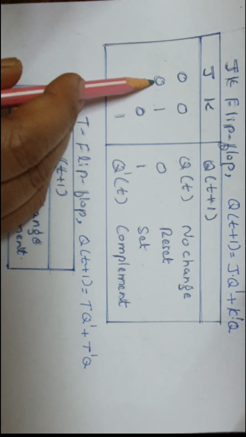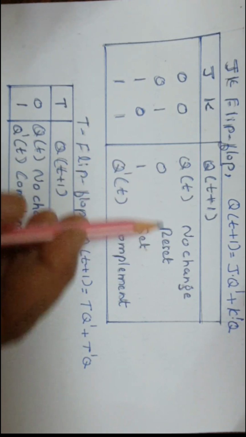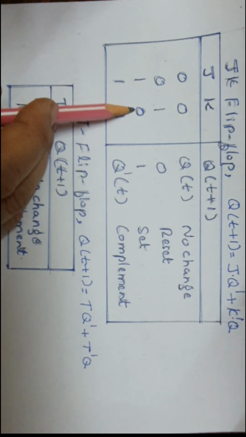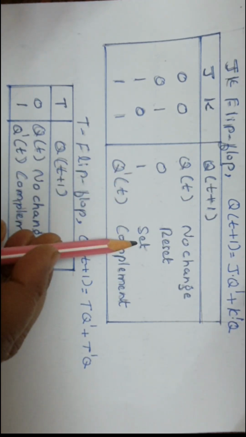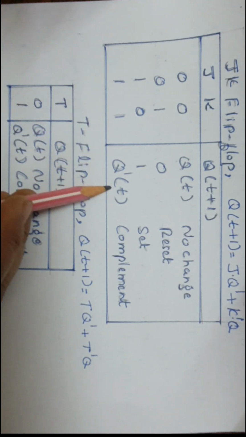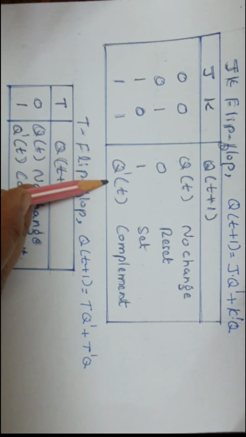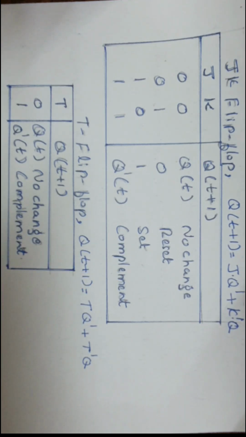When 0, 1, J is 0, K is 1, output Q will be 0. That is called reset state. J is 1, K equal to 0 means output is 1. That is called set state. When both are 1s, J is 1, K is 1, Q dash t means the next state will be complement of the previous state. That is why complement is written here.